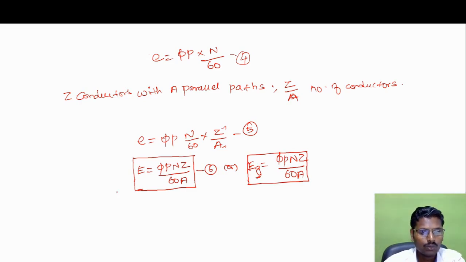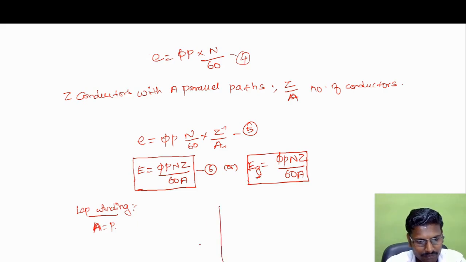So now there are two types of windings. One is lap winding, another one is wave winding. So with respect to lap winding, the EMF equation will become, for lap winding, we have seen in the first slide, A is equal to P, right? Number of parallel paths equal to number of poles. So substituting A is equal to P in equation number 6, we will get Eg is equal to phi, instead of P I am substituting A here because A is equal to P in lap winding.